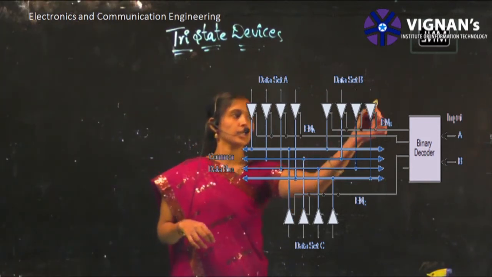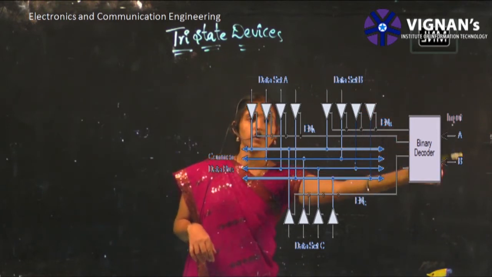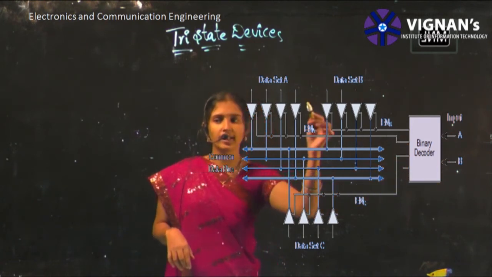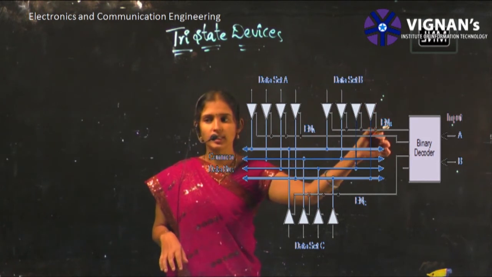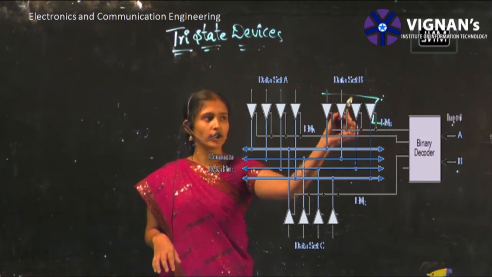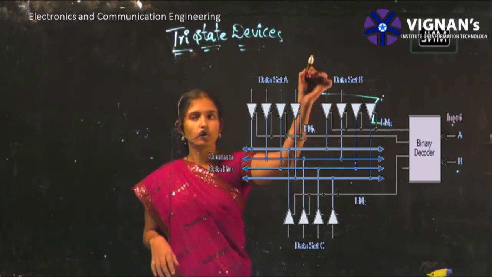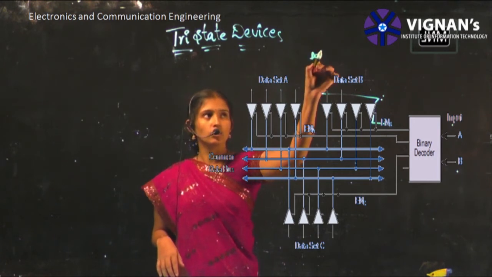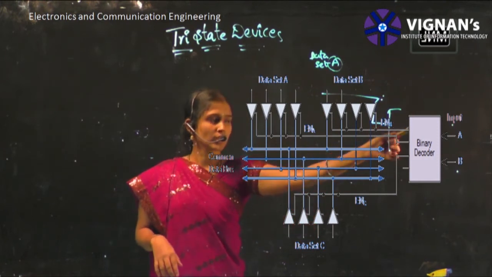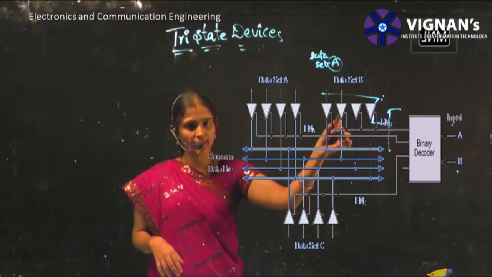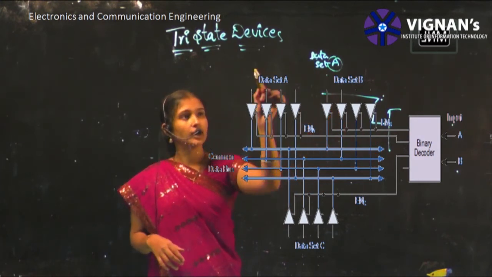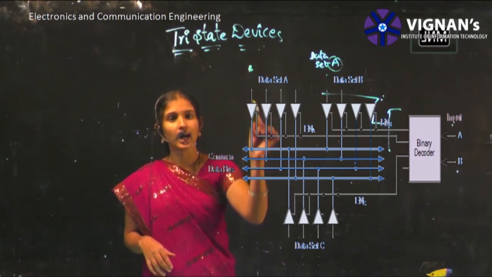You can see 2 inputs, A and B, like a binary decoder. Depending upon your inputs, only one line will be selected high. Let us consider this is active high. It is given to the enable input of, suppose, dataset A. Depending upon your inputs A and B, only one output will be active high, so that is given as the enable input to dataset A. In the meanwhile, dataset B and dataset C are disabled.